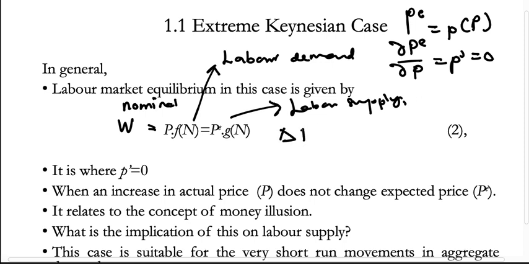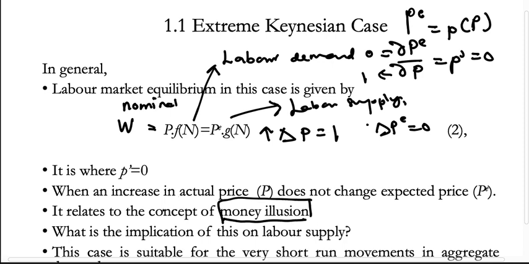The change in actual price is increased by 1 unit, but the change in expected price is 0. So here 1, here 0. So an increase in actual price, which is capital P, does not change expected price, which is PE. So this has something to do with the concept of money illusion.